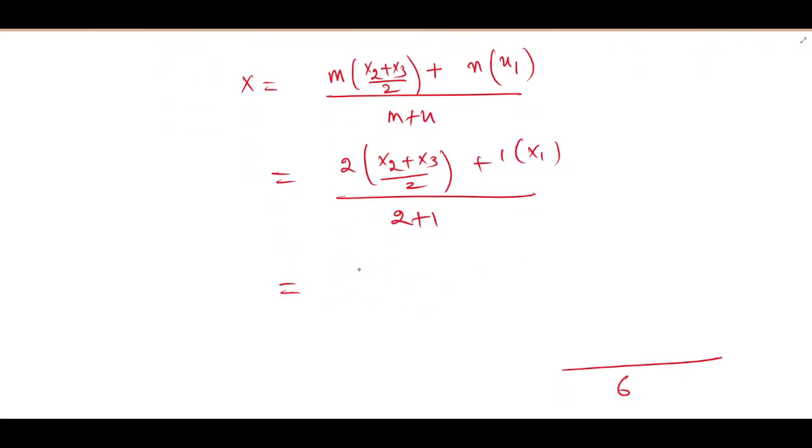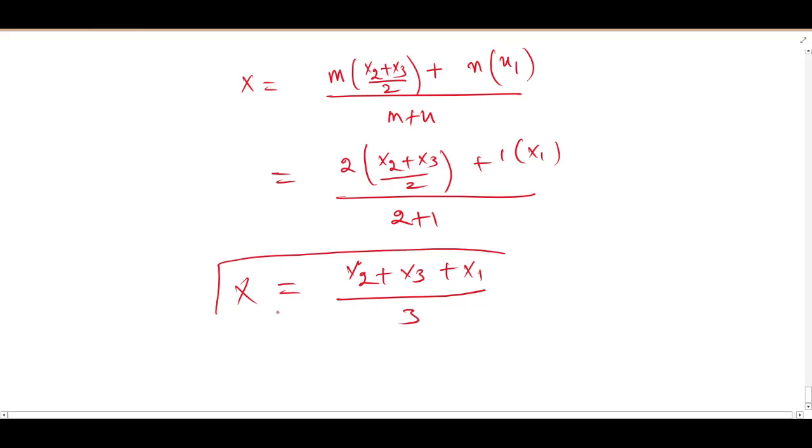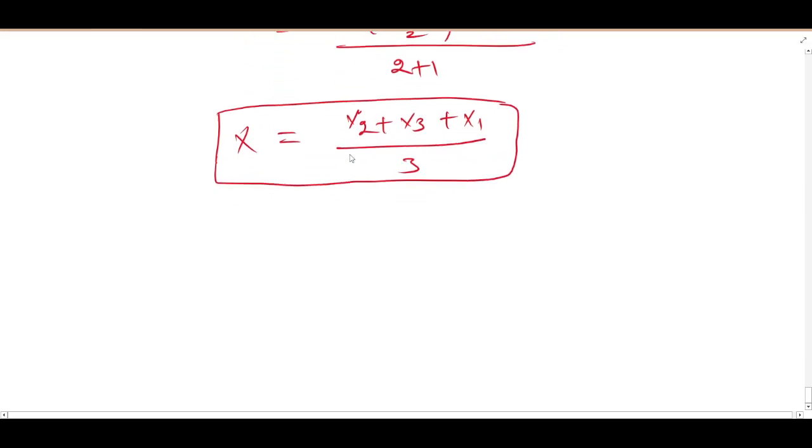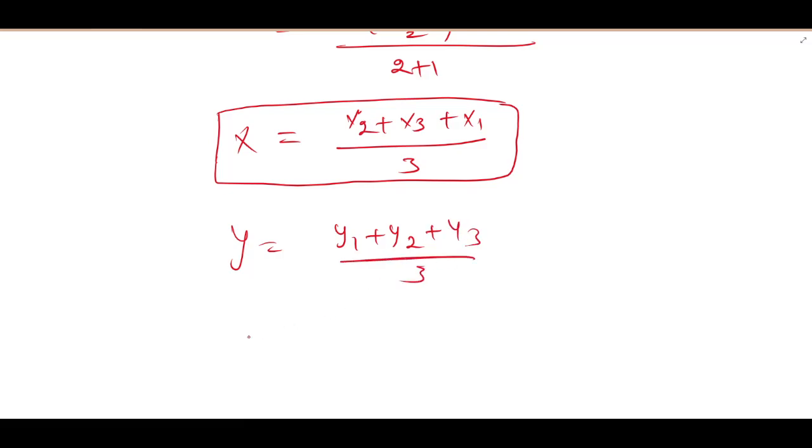So x is equal to (x1 plus x2 plus x3) divided by 3. Similarly, the y coordinate will be (y1 plus y2 plus y3) divided by 3, and the z coordinate of the centroid is (z1 plus z2 plus z3) divided by 3.